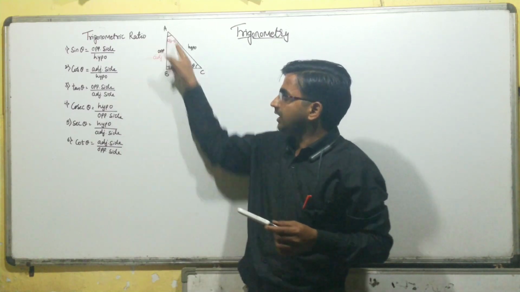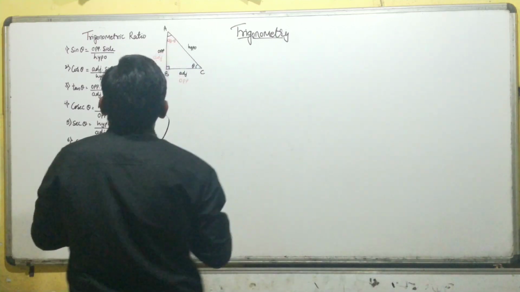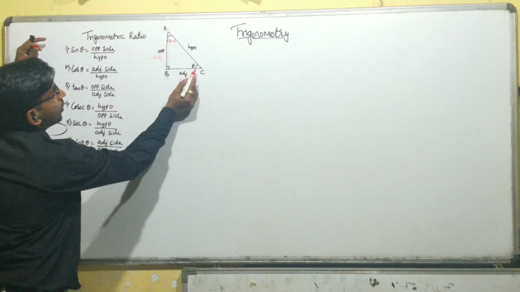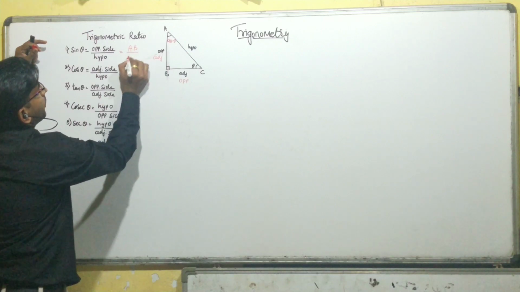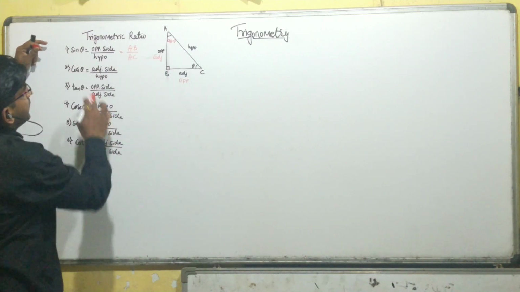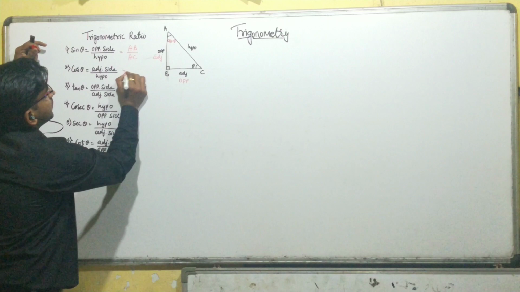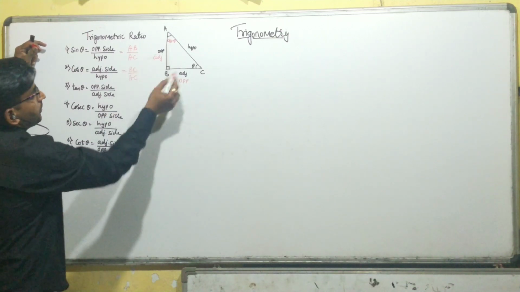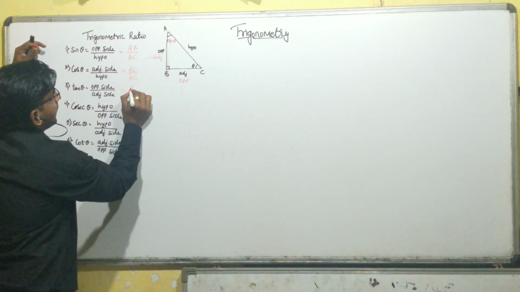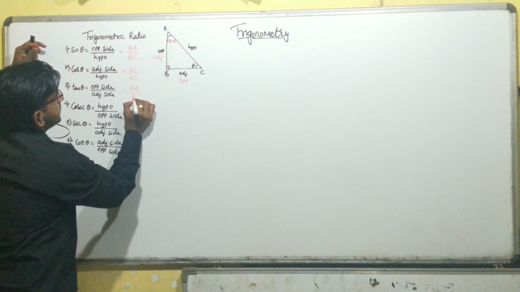Accordingly you can name the sides. Like if you take sin theta, opposite is AB, so it will be AB upon AC. Adjacent means BC upon AC, then opposite upon adjacent, that is AB upon BC.